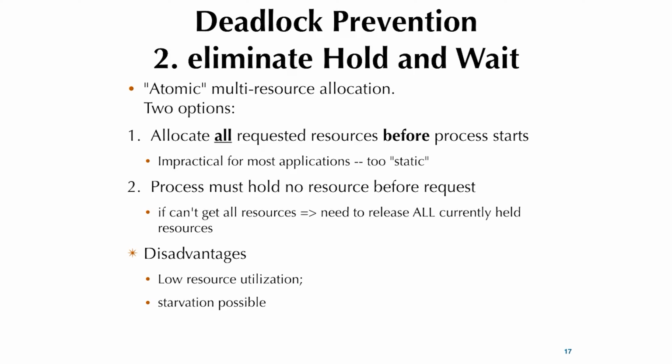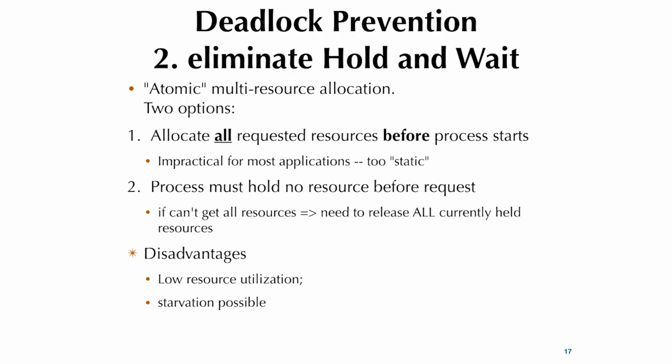Well, there are two different options. One is that before a process starts, it has to say, I want to request these resources even before it starts, and the system makes sure that before I launch the process, it already gets the resources for you.